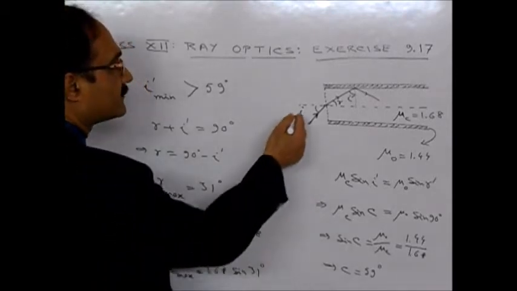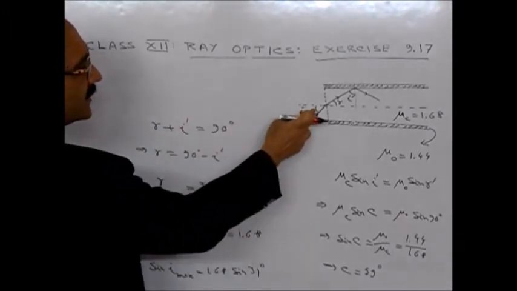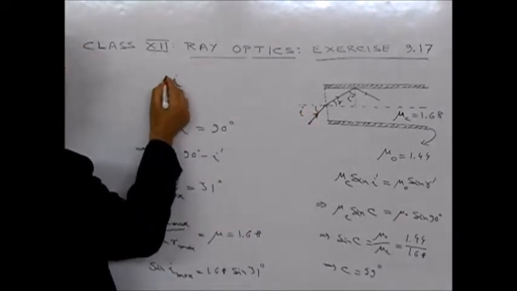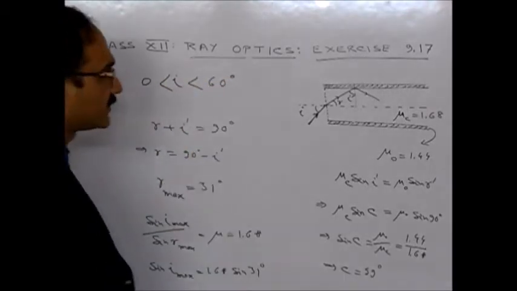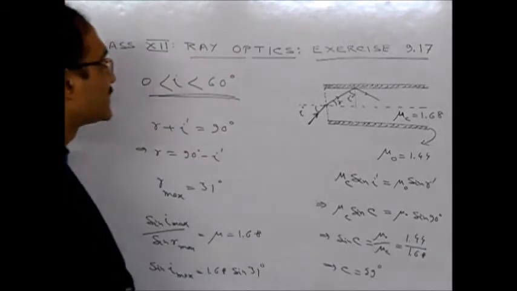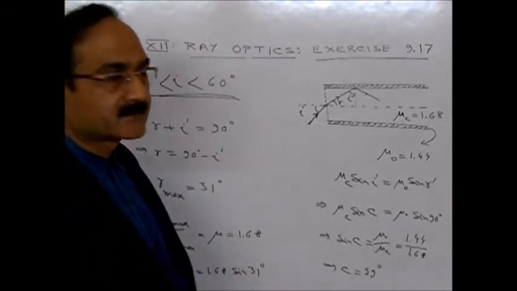So the range of values that I can take, the angle of incidence I should be greater than 0 and less than 60 degrees. So the angle of incidence must be between 0 and 60 degrees.